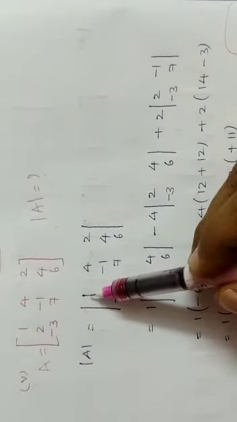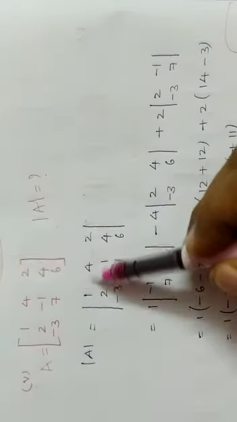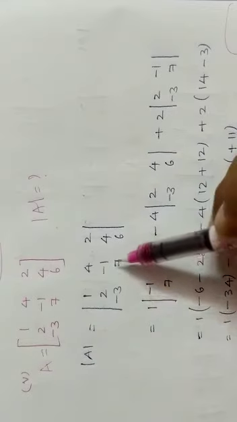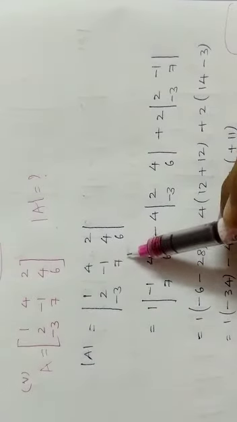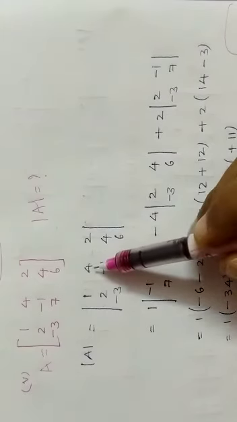1 into, remove row and column. You are left with 4 elements, minus 1, 4, 7, 6. For the middle one, you have to change its symbol.